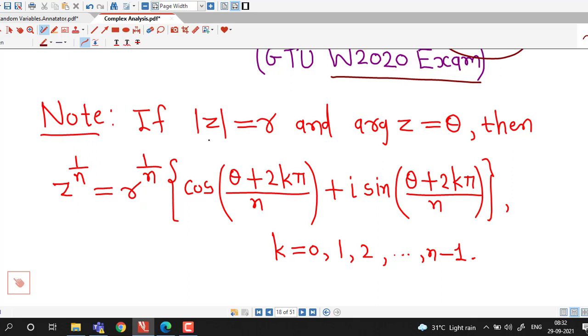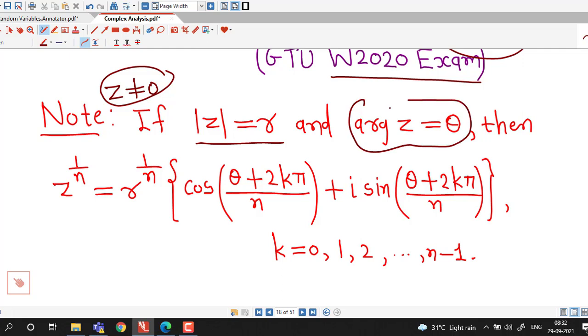complex number. Suppose we have some non-zero complex number z, and if the absolute value of z is r and the argument of z is theta, then the nth root of z is given by this formula: r raised to 1 by n, where r is the absolute value of z, times cos of (theta plus 2k pi) divided by n plus i sin of (theta plus 2k pi) divided by n.